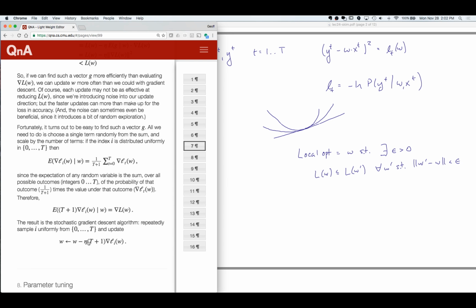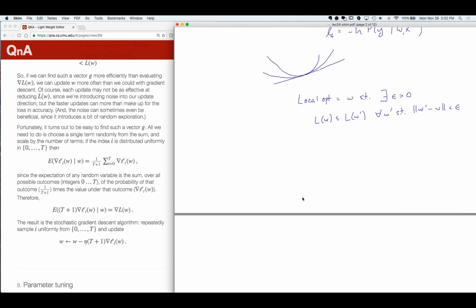And I should say here, if L0 is much larger than all of the other terms, what we would like to do is break L0 up into T pieces and include one of the pieces with each of the individual terms.